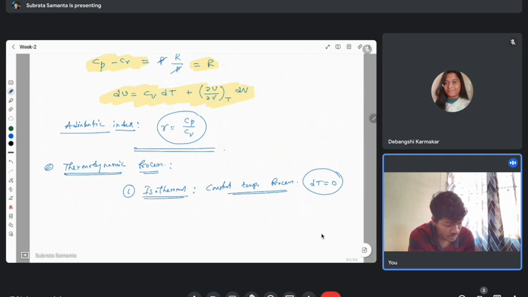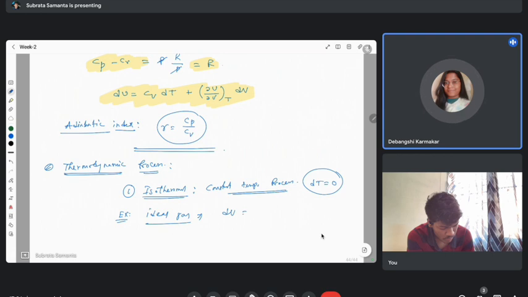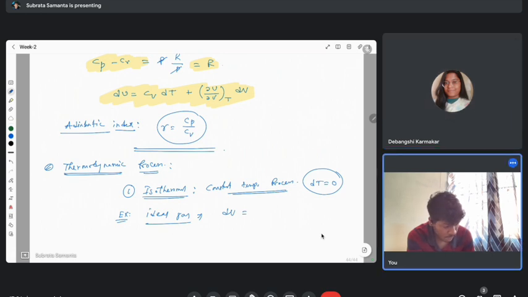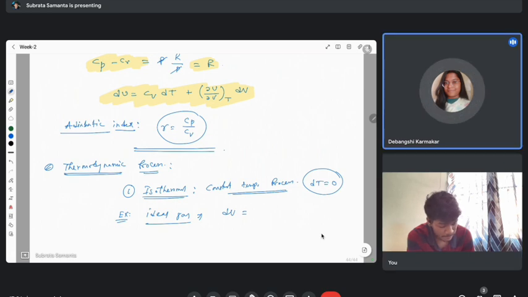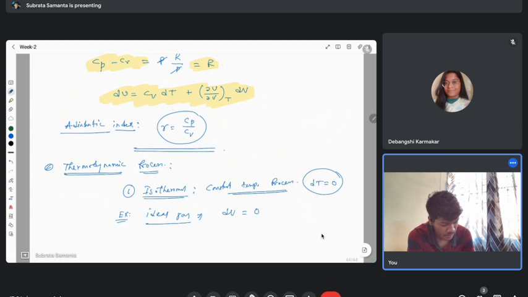So if you say that dT equals 0, let's consider the ideal gas as an example. Then dU equals 0, because dU for ideal gas is Cv dT, so dU equals 0.